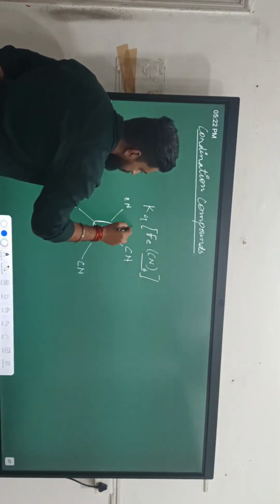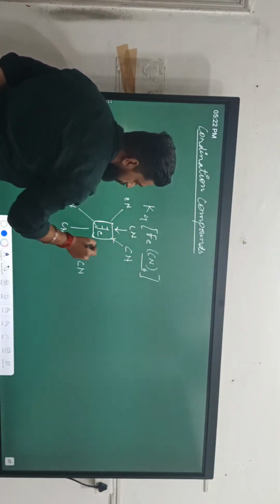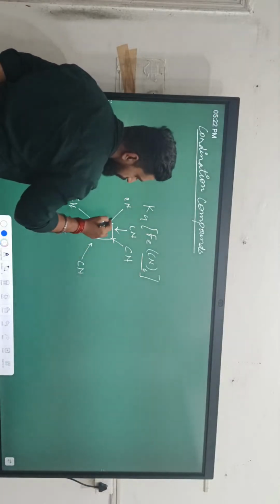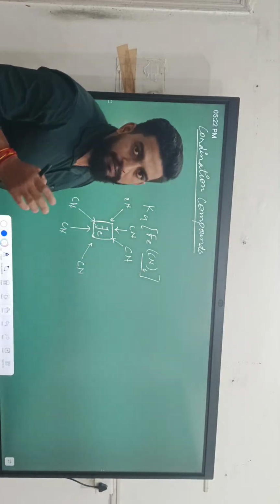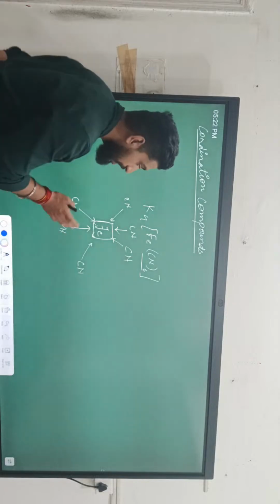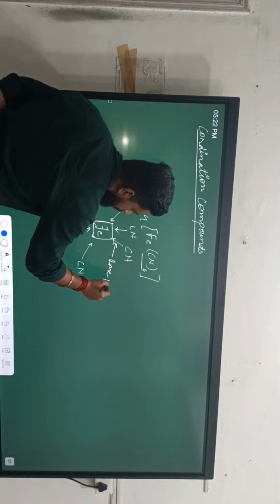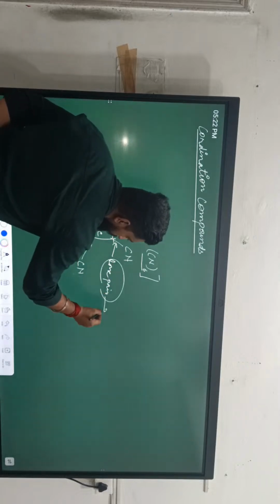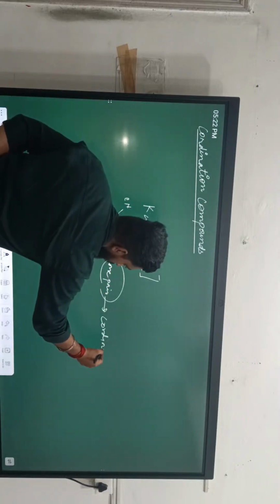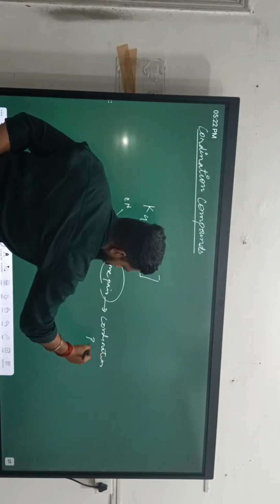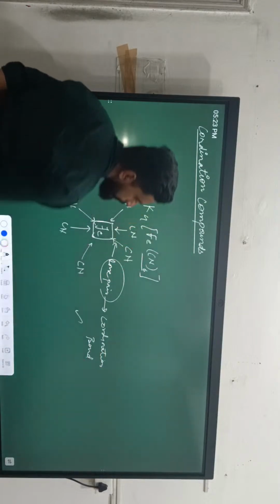So the approach of ligands towards the central metal occurs through sharing of a lone pair of electrons, and the type of bond formed by sharing of a lone pair of electrons is known as a coordination bond. Okay.